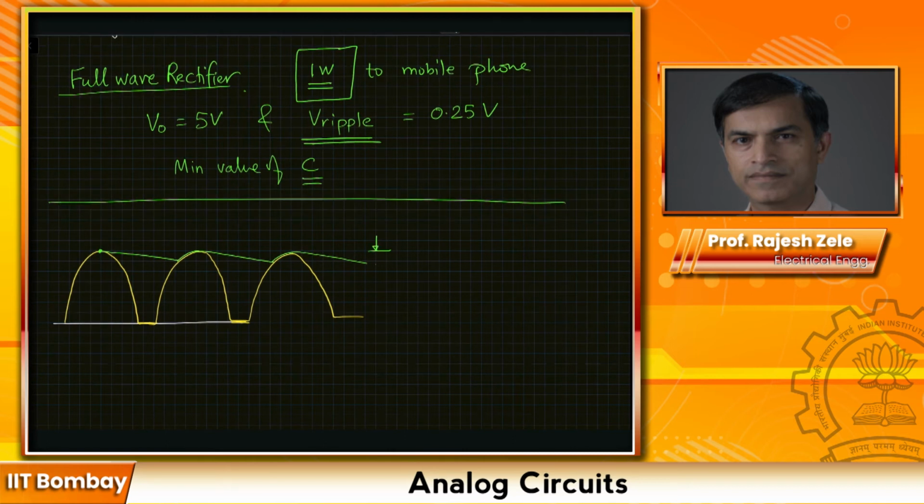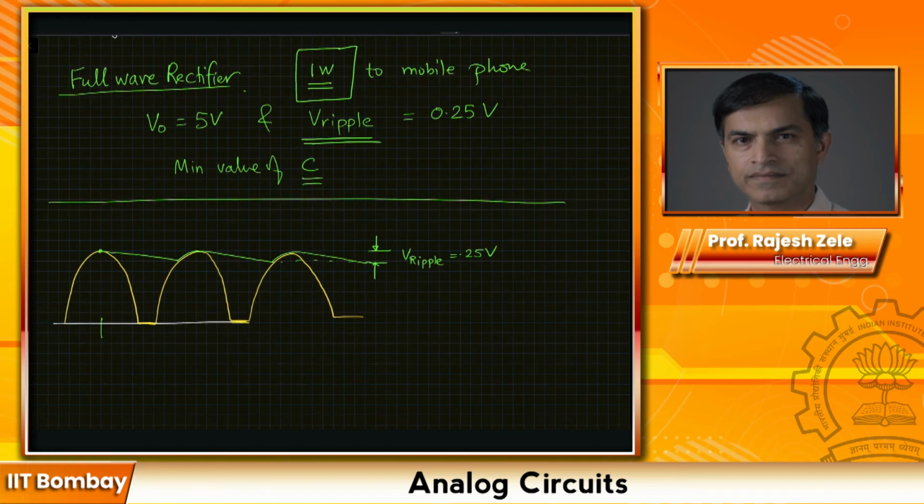We would like to make sure that this value is the V ripple, that should be 0.25 volts maximum with the capacitor. Now what else do we know?